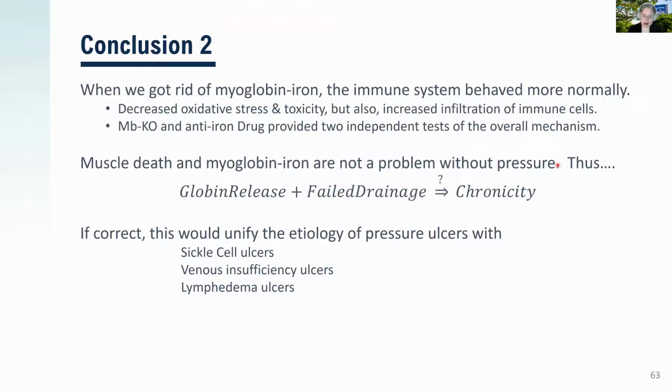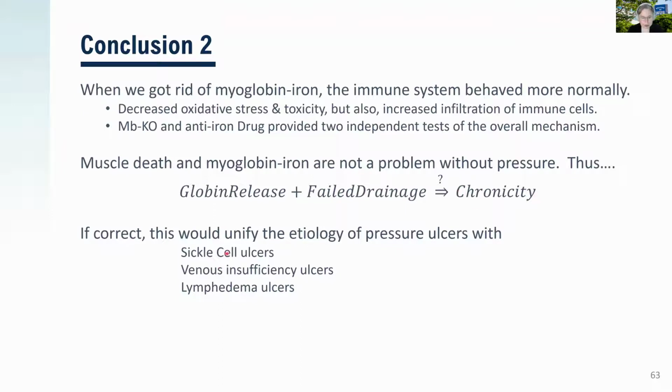So the cardiotoxin injection killed a lot of muscle and released myoglobin with no ill effects. I'm going to interpret that to mean that the failed drainage is really crucial. The globin release plus the poor drainage of lymphatics and veins may be why we had the chronicity.